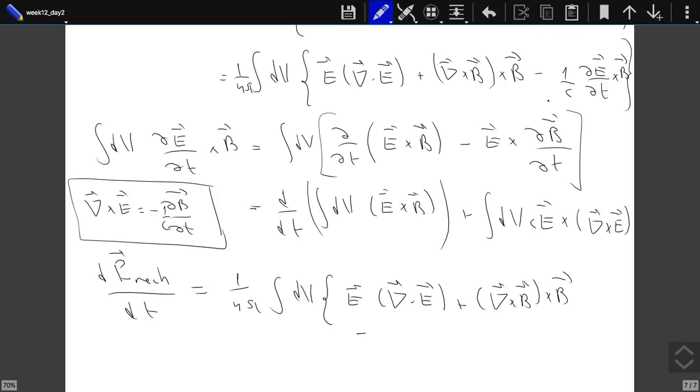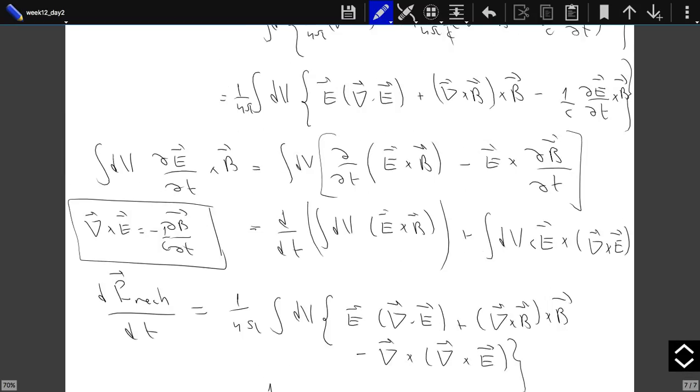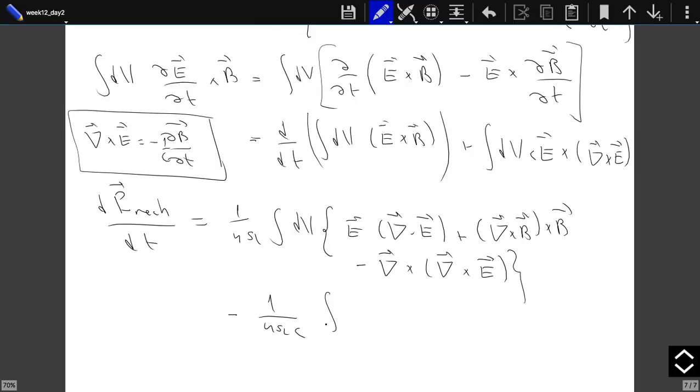Well, there is a minus 1 over C over there, so there is a C cancelled with this one, E cross curl of E, minus 1 over 4 pi C times the integral over the volume of the total time derivative of E cross B.